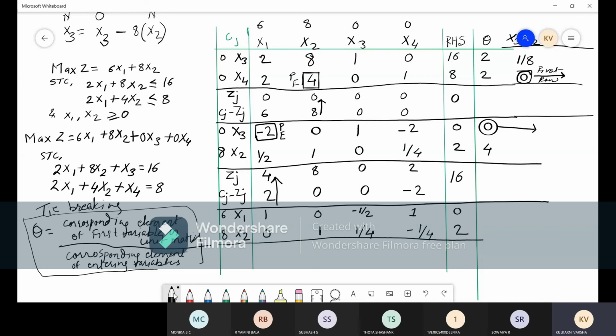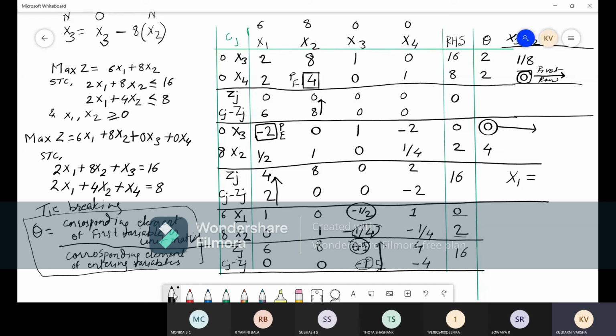Let us quickly go for Zj and Cj minus Zj. This is the final iteration. What is the x1 value in RHS? 0. What is the x2 value in RHS? 2. So you should mention x1 is equal to 0, x2 is equal to 2.